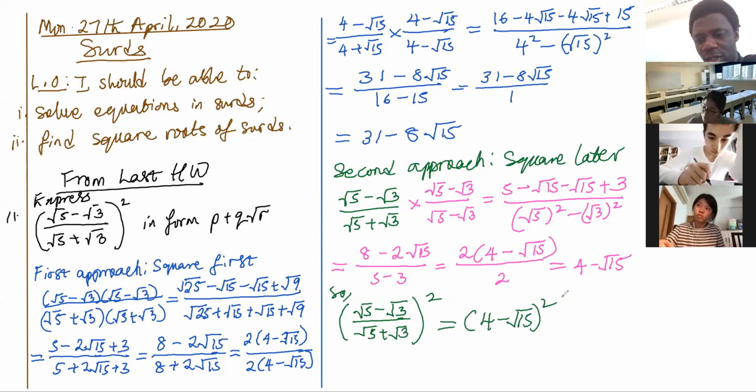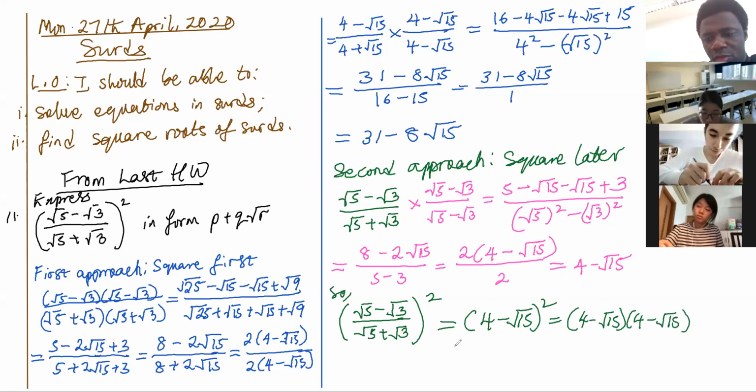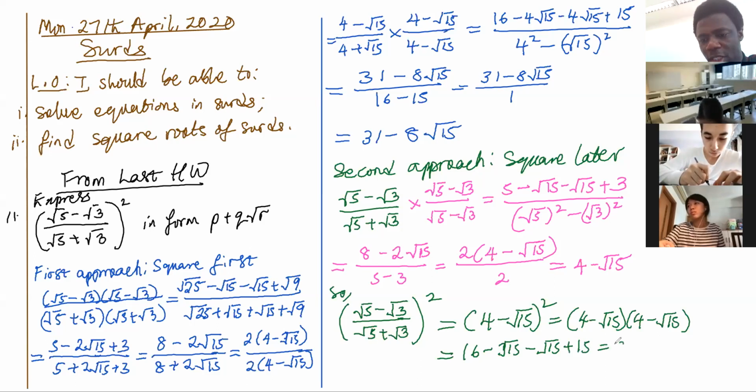So with this, you can now show us how you expand the bracket. That will be 16 minus root 15, and another root 15, then plus 15. Then that gives minus 2 root 15.